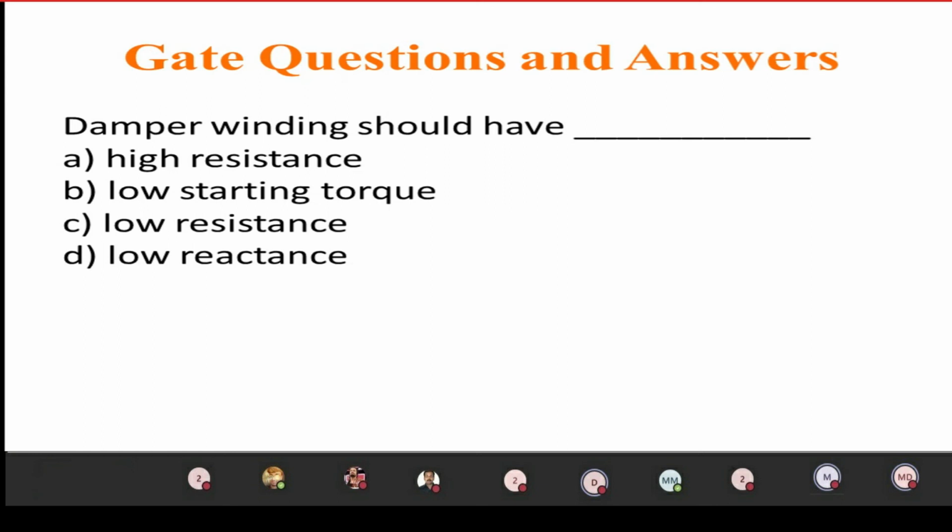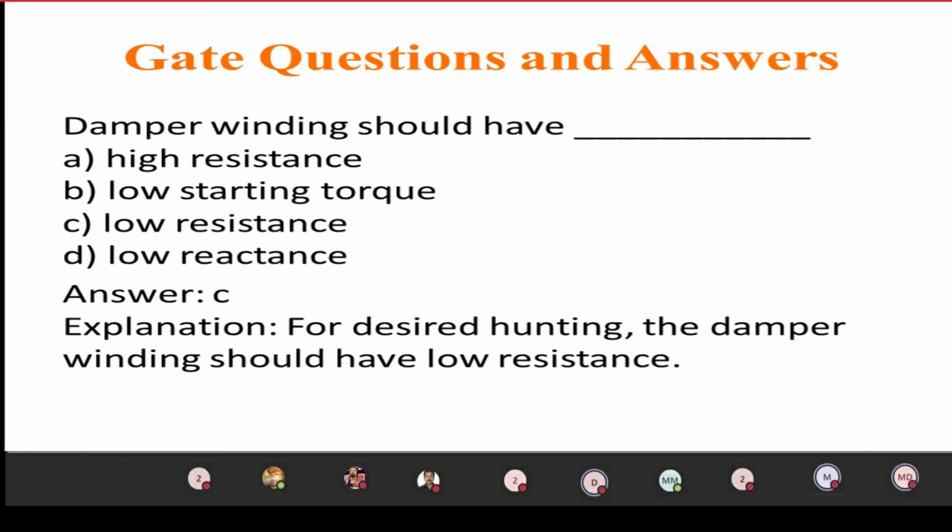High resistance is used for starting torque, so low starting torque is not a correct answer. Low reactance is not a correct answer. And high resistance we avoid, because we require current to flow in the winding. So option C is correct. For damping hunting, the damper winding should have low resistance.